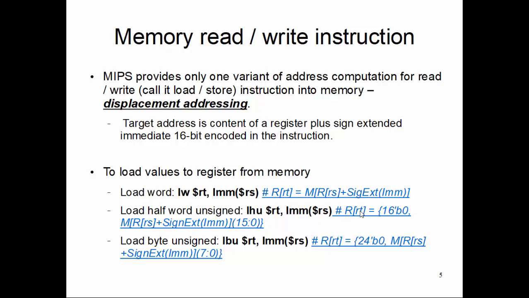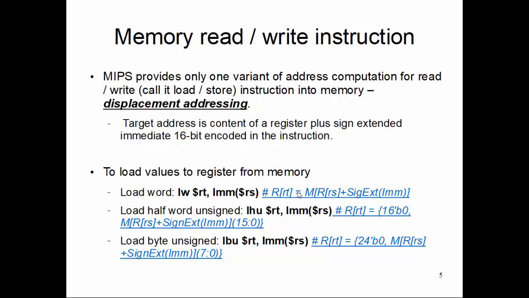So half word unsigned means I am just putting 16 zeros in the upper half of the RT register, and the lower 16 bits come from the memory read of 32-bit data, where I pick up the lower 16 bits. Within the square braces, the M is nothing but your memory address calculation.